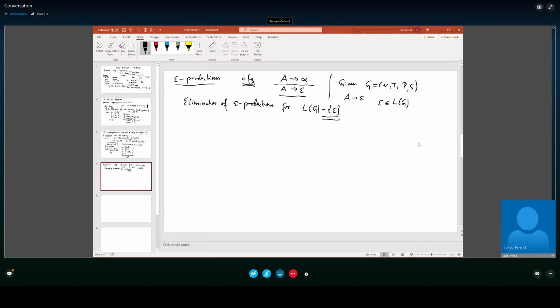And so given this grammar G, we're going to construct a new grammar, G prime, which will be N prime. It will obviously have the same terminals, a new set of productions, and can have the same starting symbol. So let's see how we're going to deal with that.